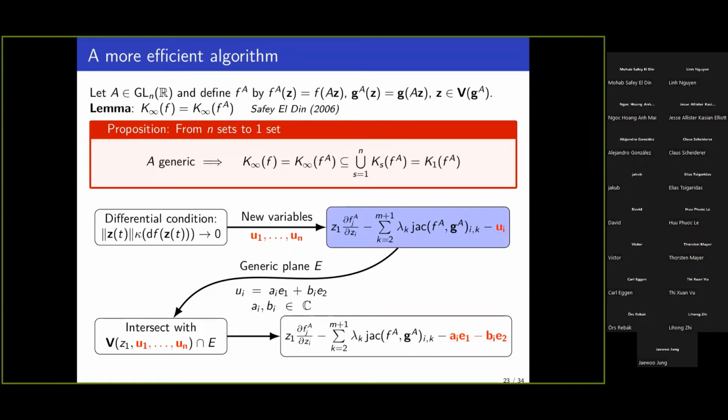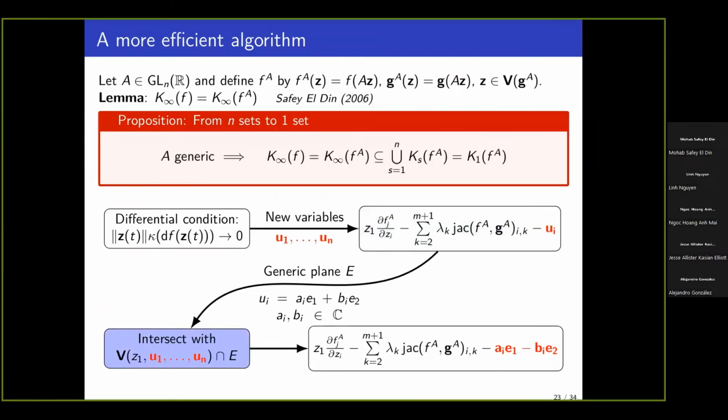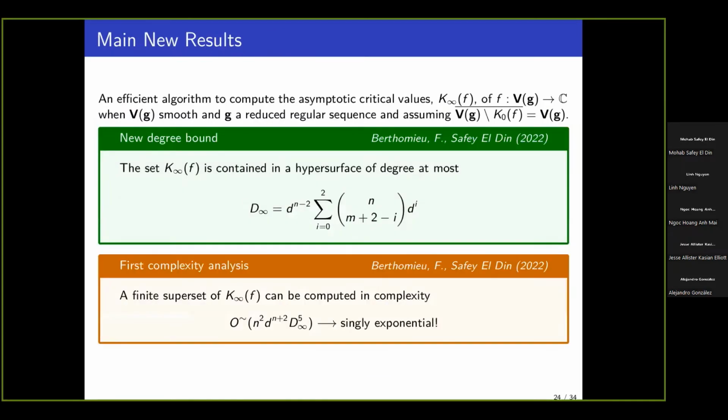It makes no difference at this point since E contains the variety on the left. But we prove a geometric result that tells us that we can replace these u_i with a_i E1 plus b_i E2. And so we reduce the dimension of the sets we consider by n-2, and also significantly reduce the number of variables we work with. This is what allows us to get the singly exponential complexity.